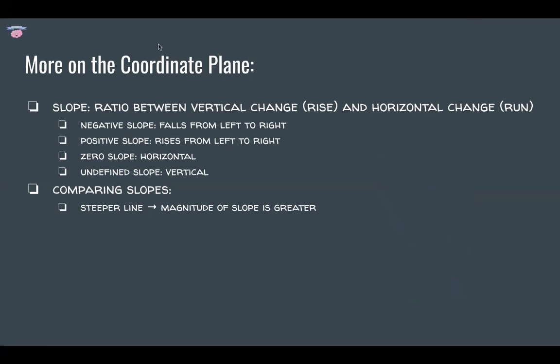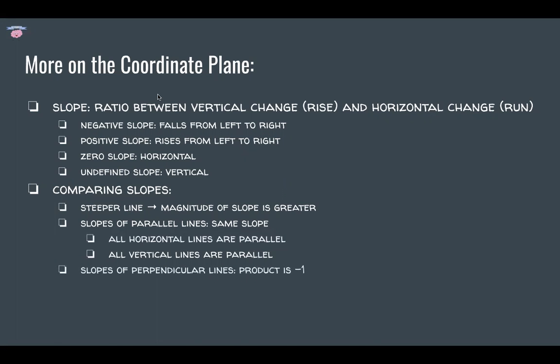Negative numbers are tricky. Parallel lines have the same slope. If I have this and I have this, they have the same slope. Now, on the other hand, perpendicular lines, their slopes' product is -1.